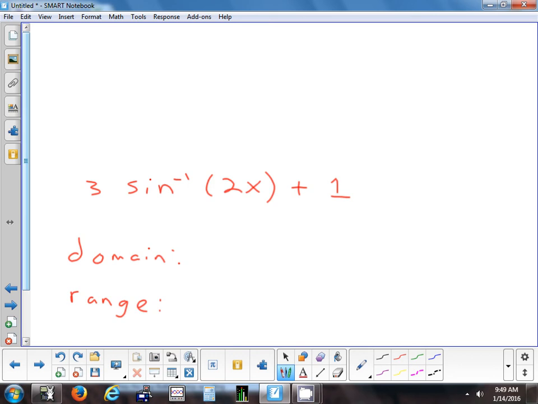So I'm going to start with the original domain of inverse sine. Well, if you don't remember the domain of inverse sine, you can think what's the range of the original. How high and how low does original sine go? And that's your domain in the inverse. So in this case, my original range is -1 to 1, so my domain of the inverse is -1 to 1.